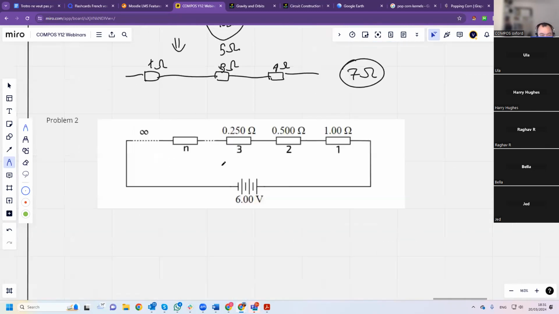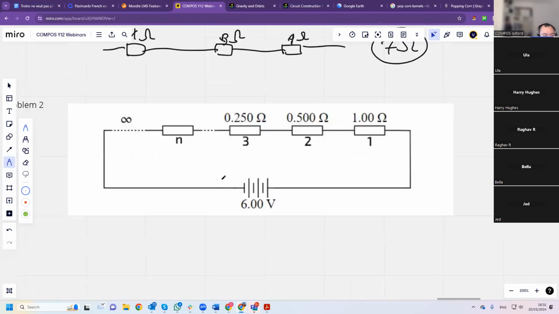All right, question 2. Now we're getting places. An infinite chain of resistors. But they are in series, so that's going to be easy. All right, they're all in series.